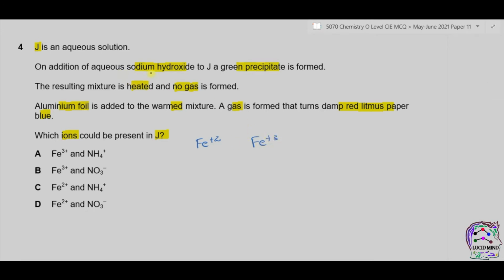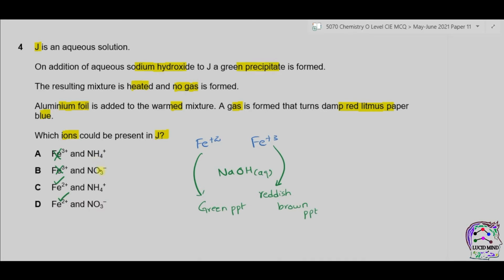First step is the addition of aqueous sodium hydroxide to J. What happens with iron +2 is that it forms green precipitate, while iron +3 with aqueous sodium hydroxide forms reddish brown precipitate. As the question says a green precipitate is formed, it is not iron +3, it could be iron +2.